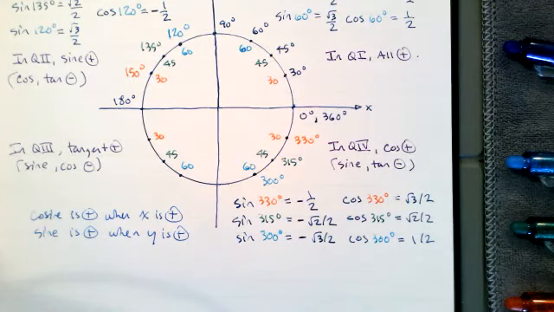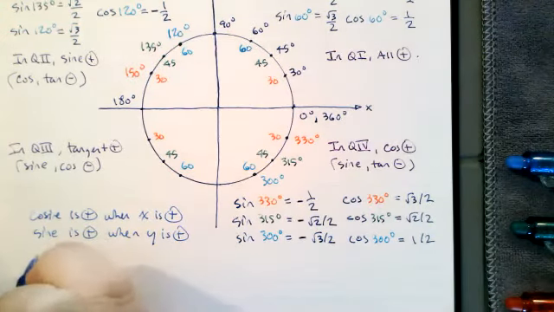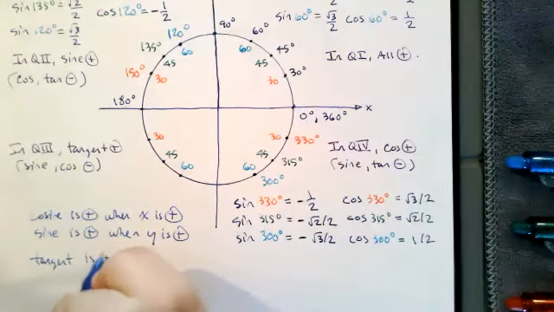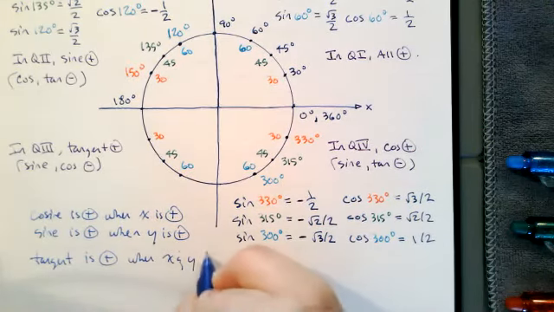That leaves out tangent. Tangent is positive when sine and cosine match, because tangent is sine over cosine. Tangent is positive when sine and cosine are the same sign. Tangent is positive when x and y have the same sign.